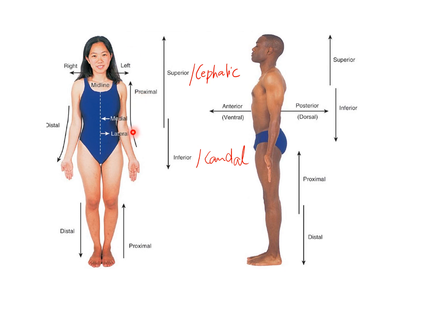Proximal means closer to the point of attachment. So the elbow is proximal to the shoulder, whereas the fingers or digits are distal to the shoulder. Midline is an imaginary line at the center.